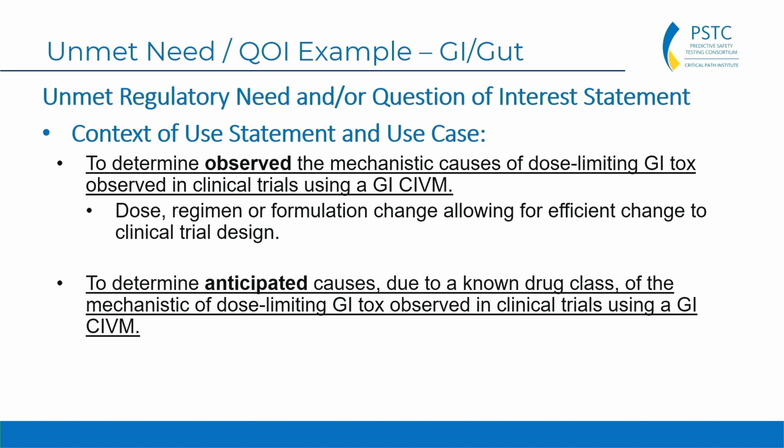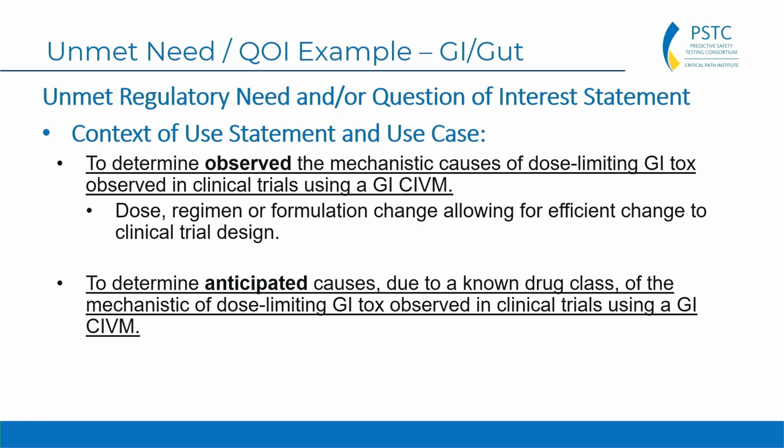This would therefore be used to determine anticipated causes, also for known drugs, so it could be used in some of the examples we've already heard about over the last couple of days with the liver. It could be used where you're going into a known class of drugs known to have GI toxicity, so you could also use the tool in that preclinical space.